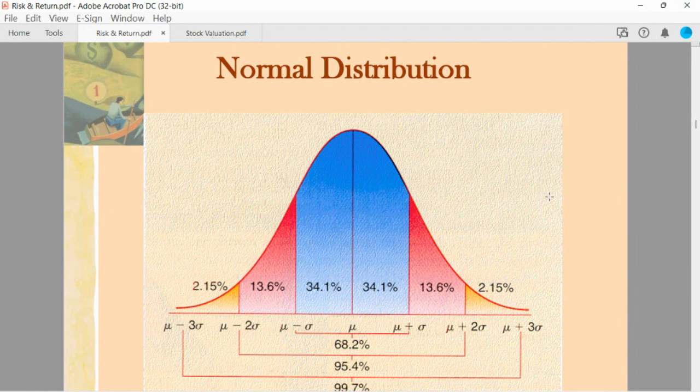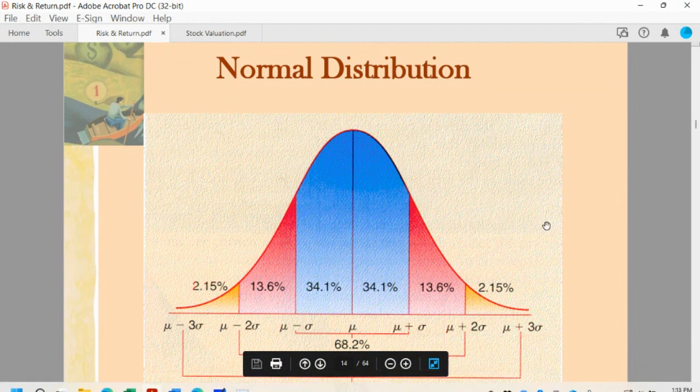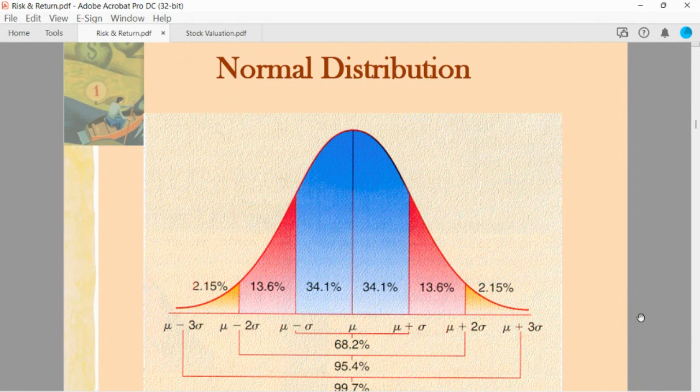So the correlation is clear, but from day to day, week to week, month to month, returns are pretty much a random occurrence.